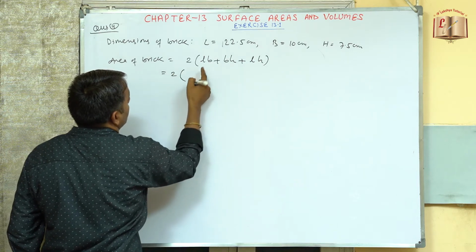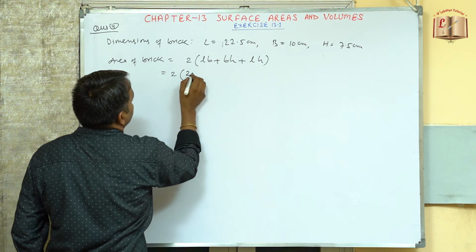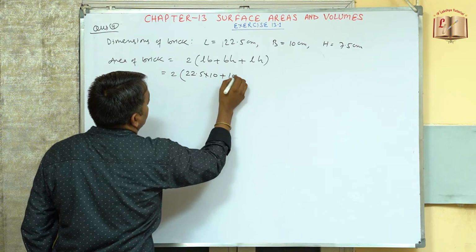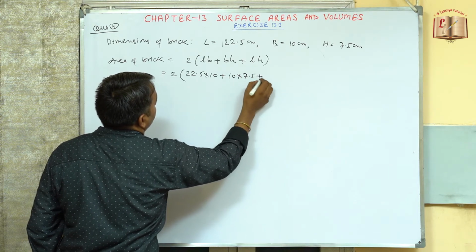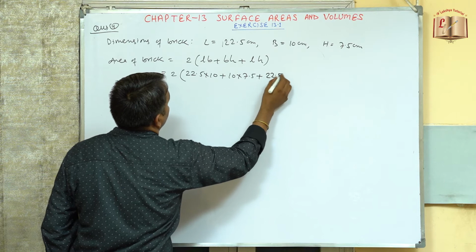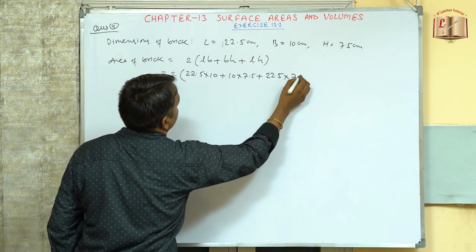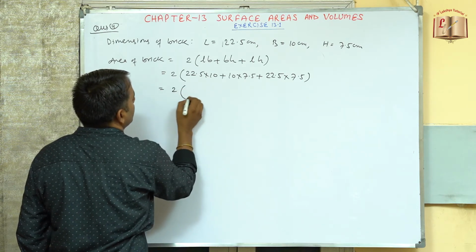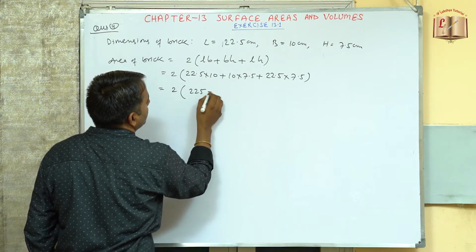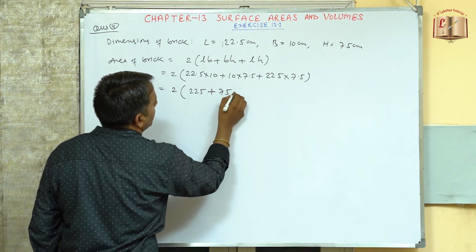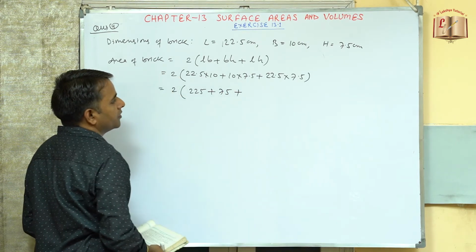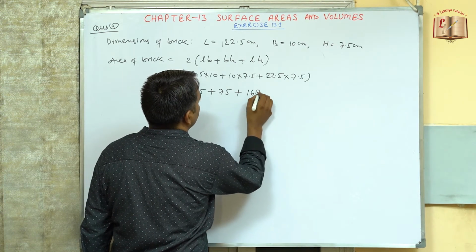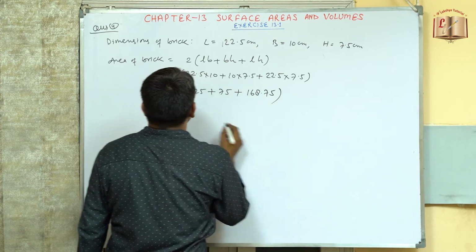So this is 2 times (22.5 into 10, plus 10 into 7.5, plus 22.5 into 7.5). Calculating, this is 2 times (225 plus 75 plus 168.75).